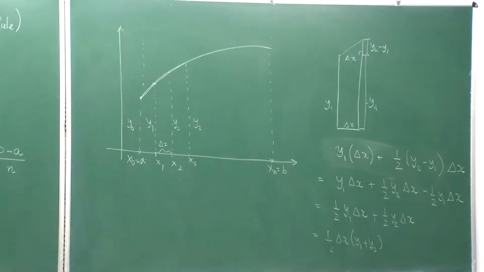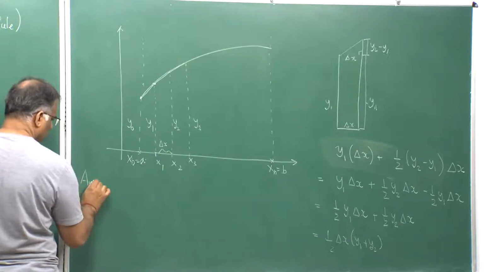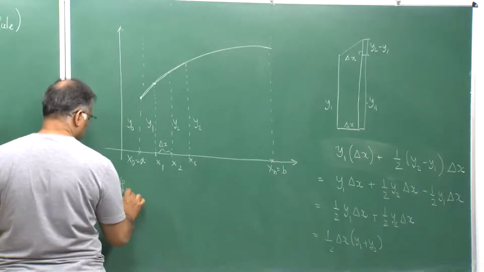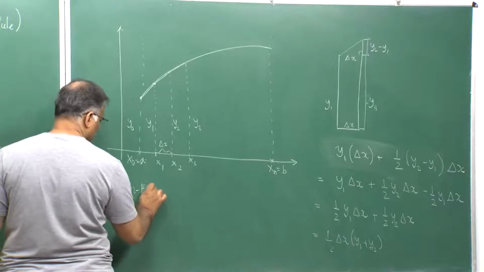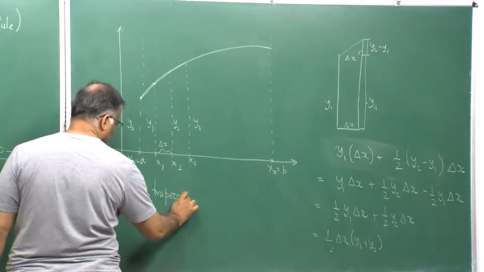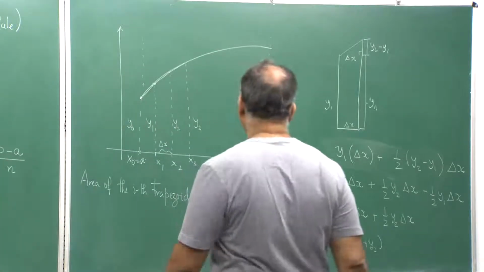So, once you know about one of them, you know about the other. This is the area of the second trapezoid.